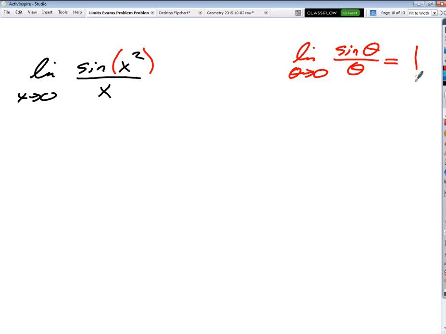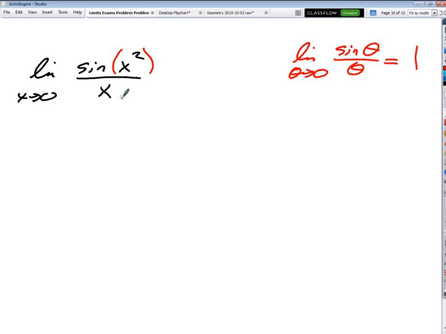It's not x, it's x squared, because whatever's inside the trig function has to be the theta. We don't have a theta on the bottom. We can't square the whole thing because that changes our answer. All we can do is multiply by 1 in the form of x over x.